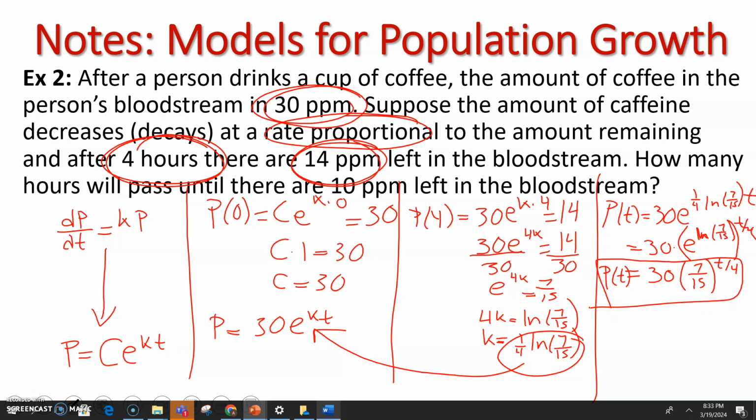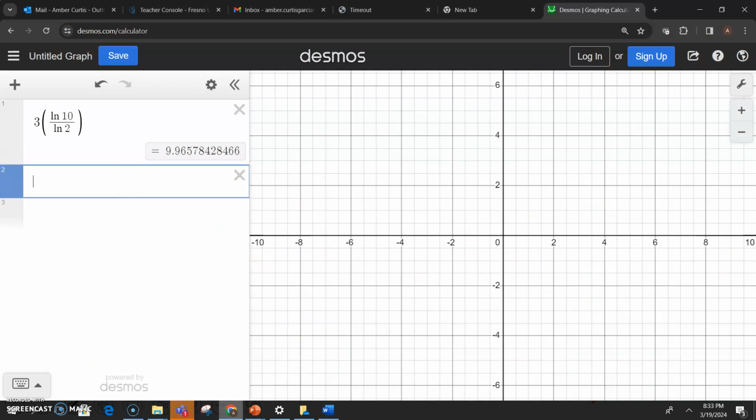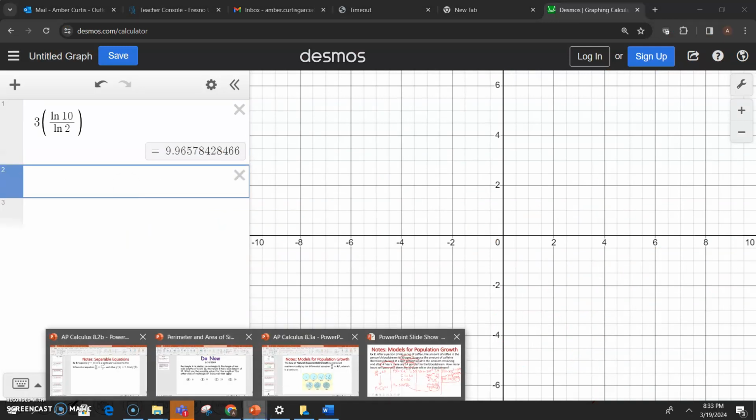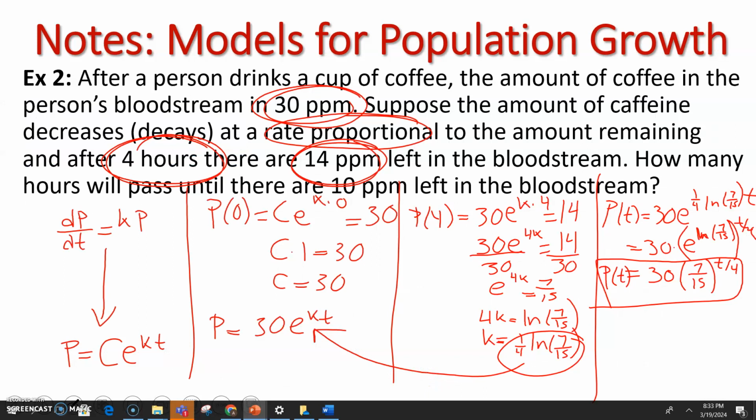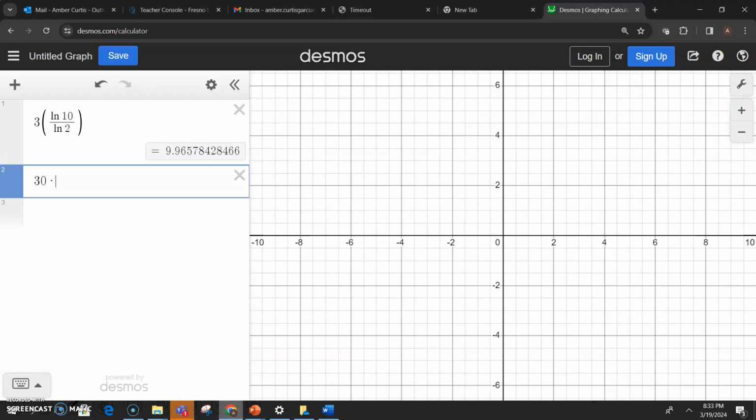Now, what's nice is it's very easy to check that our model works simply by using the calculator. So our model was suggesting 30 times 7/15 to the power of t over 4. Now, we knew that at 0, it should come out 30, and as you can see here, it does.